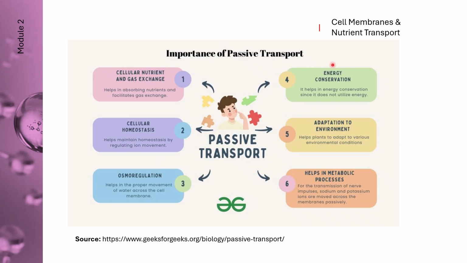Then we already established the need to conserve energy and adaptation to the environment, because the environment can also have water coming in. It can be humid, if you think of plants especially. So there'll be a need for that regulation and adaptation. And of course, it helps to make metabolic processes easier.